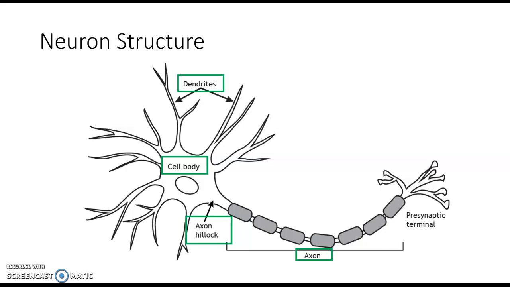The axon hillock, which is where we actually get enough potential to meet that threshold in order to activate our actual action potential down the axon of the neuron, which is where that nerve impulse will be propagated through to take it to the axon terminal, which will either take that impulse to another neuron or possibly to a muscle in the case of a neuromuscular junction.